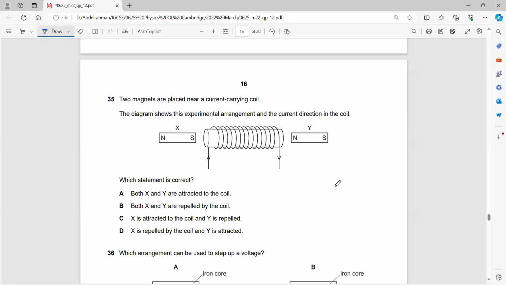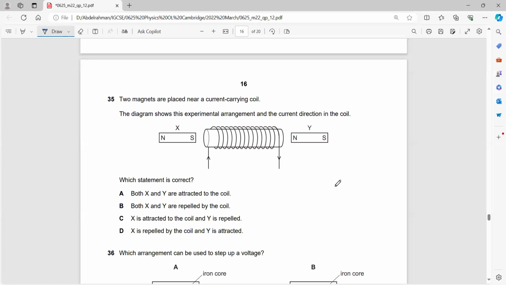Actually, this is a really hard question, because you do not have any other questions in your syllabus or in any other past papers, paper one or paper three or whatever, that are related to this exact question.